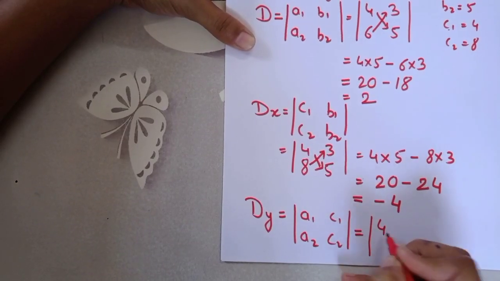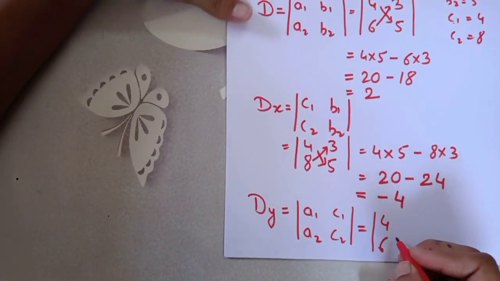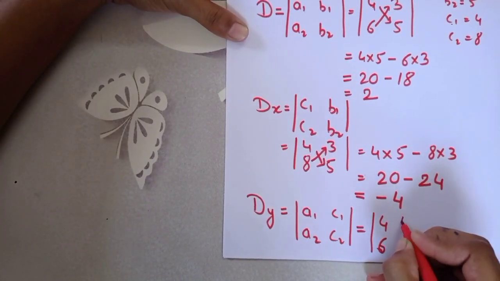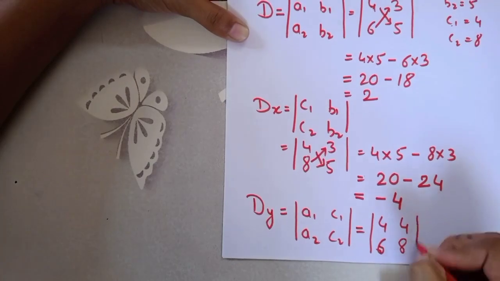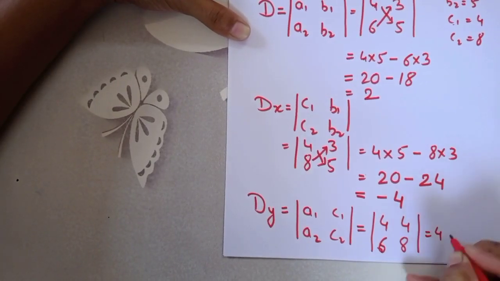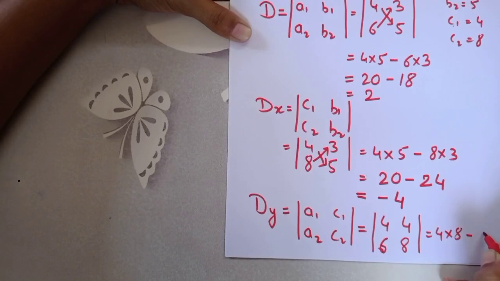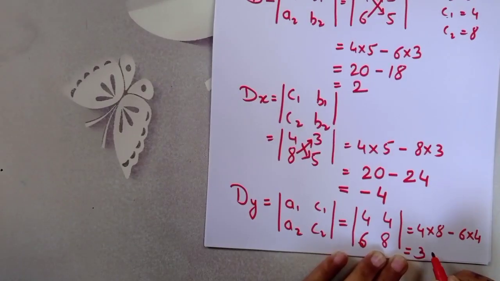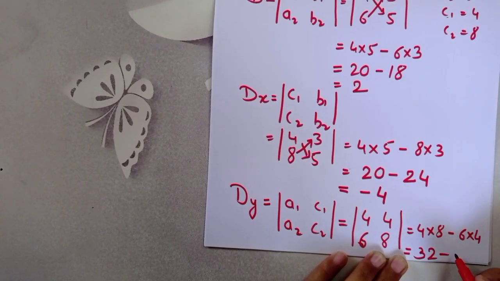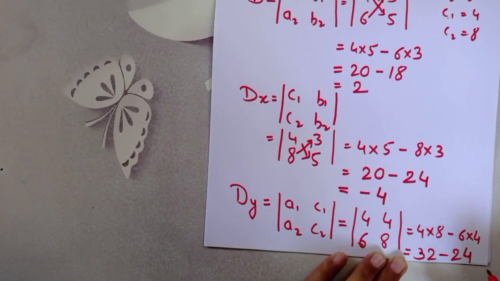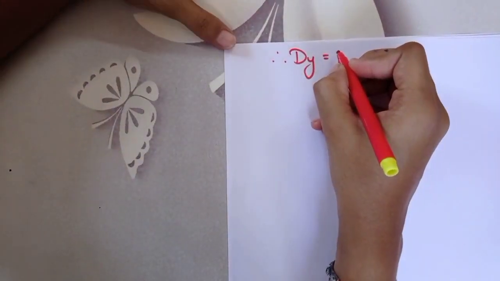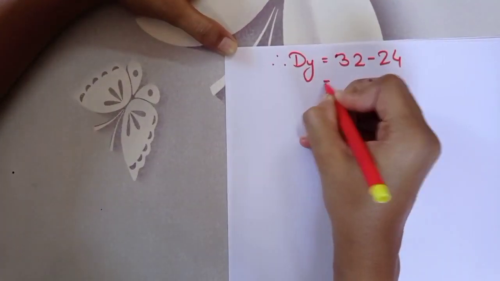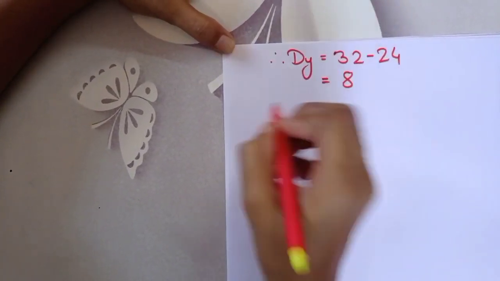A1 is 4, A2 is 6, C1 is 4 and C2 is 8, which is equal to 4 into 8 minus 6 into 4, which is equal to 32 minus 24. Therefore, dy is equal to 8.